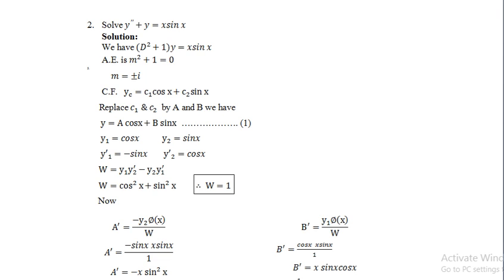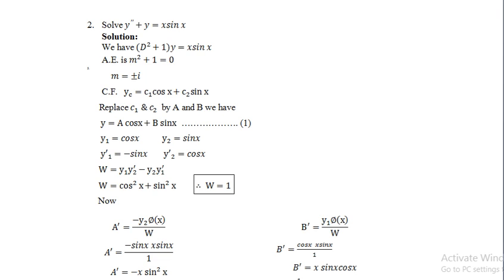So equation number 1. Now it is in the form of a y1 plus b y2. y1 is cos x, y2 is sin x. The derivative of y1 is y1 dash, the derivative of cos x is minus sin x. The derivative of y2 is y2 dash, and the derivative of sin x is cos x.